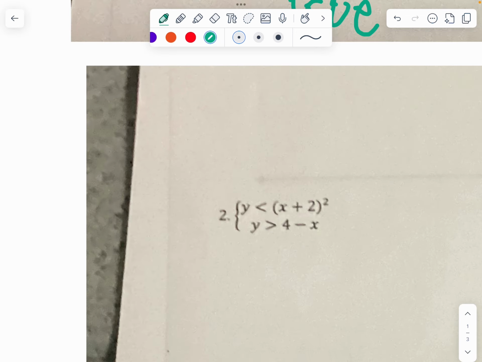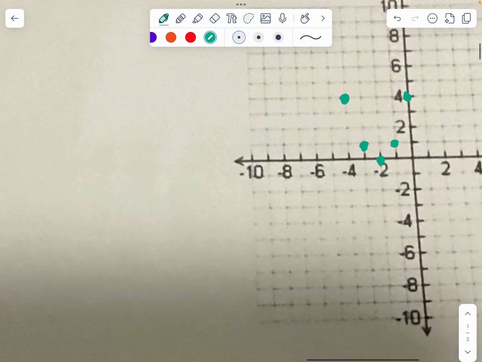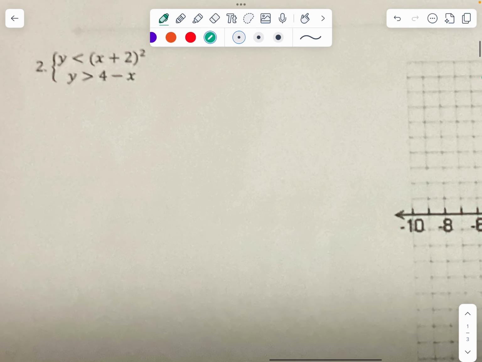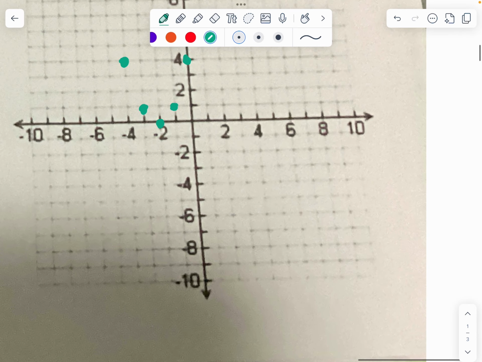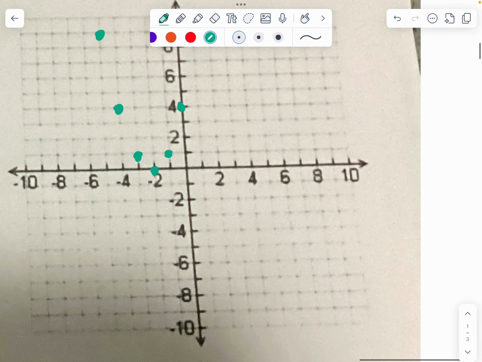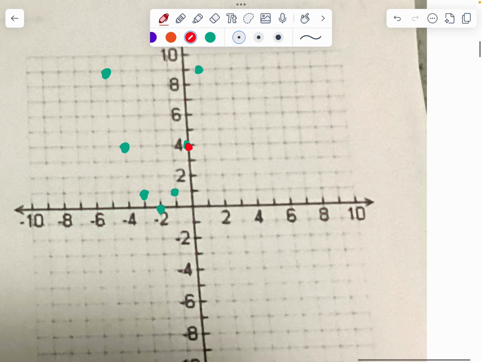Now it's going to be dashed again, so I'll graph the other one first, 4 minus x. I'll do it in a different color. And minus x is going to be like this.